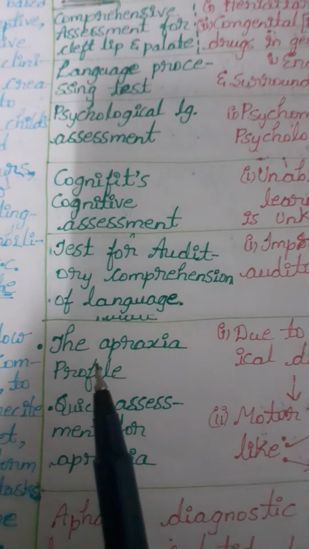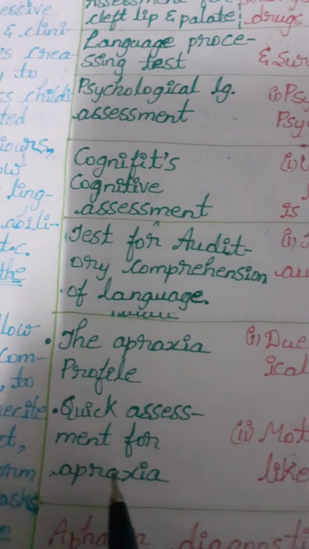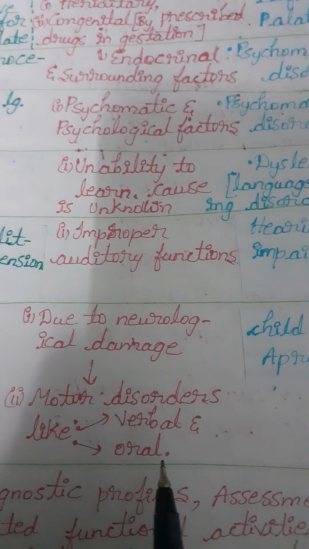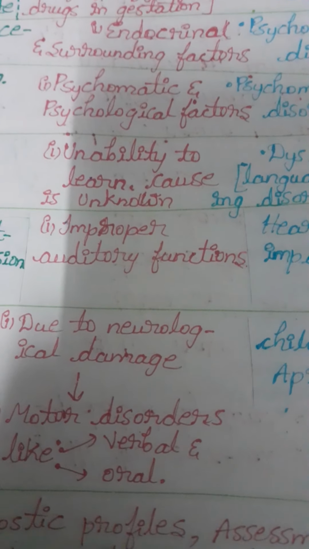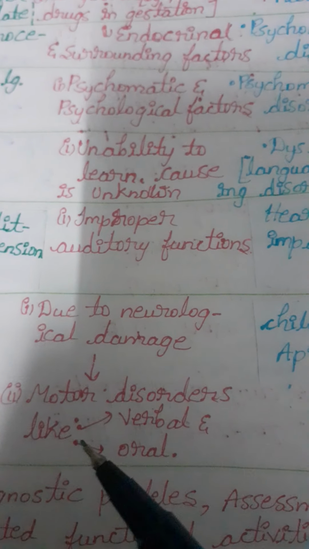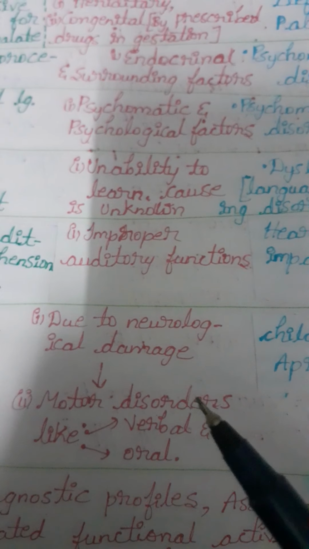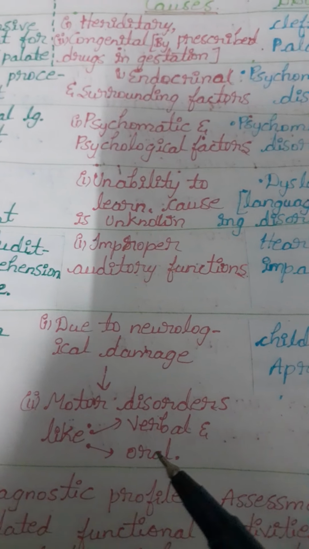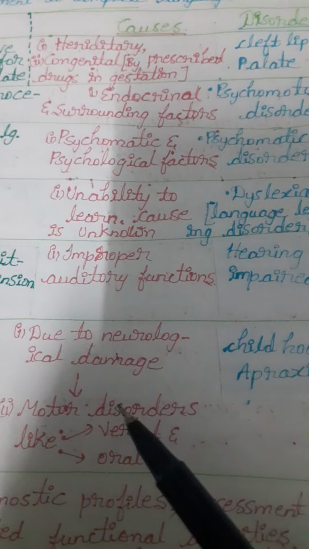Next test is the apraxia profile, quick assessment for apraxia. Causes are due to neurological damage and motor disorders like verbal and oral. Motor is nothing but movement, so there is a disorder in movement of organs. During speech, all the oral and motor organs should move to make speech properly. So these are the causes here.